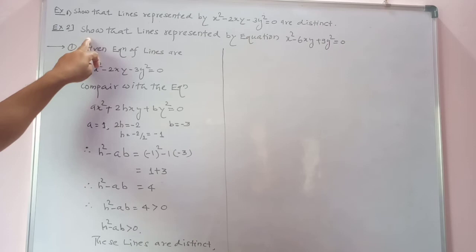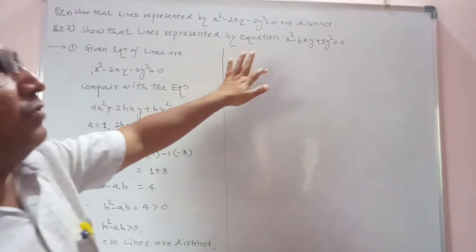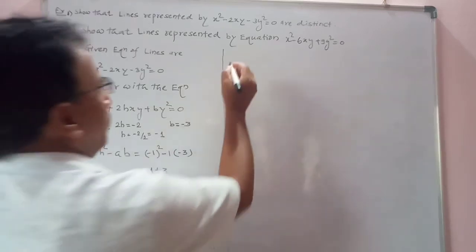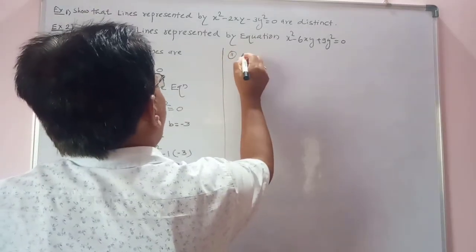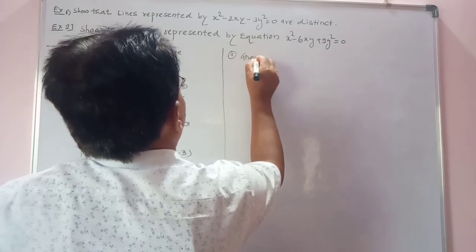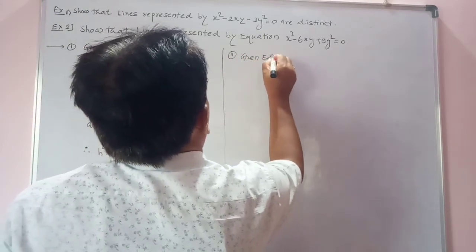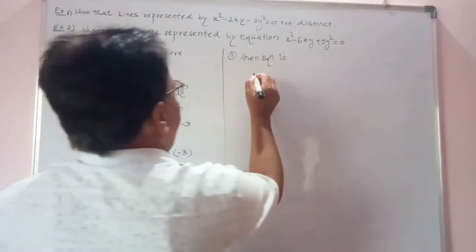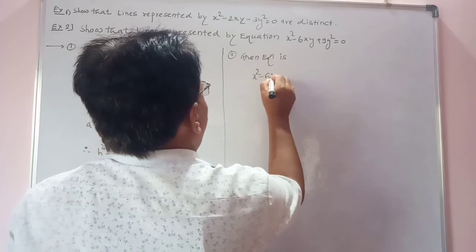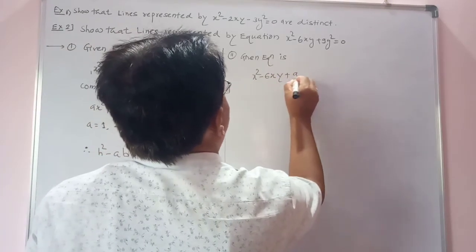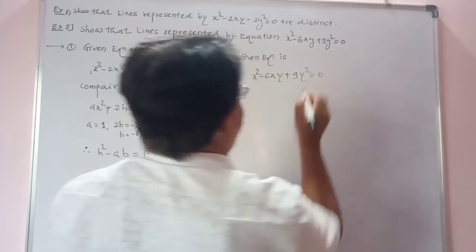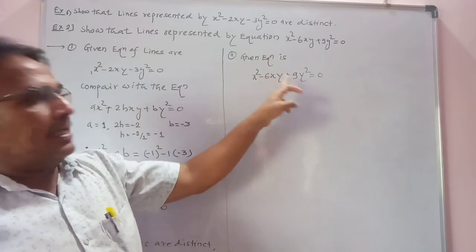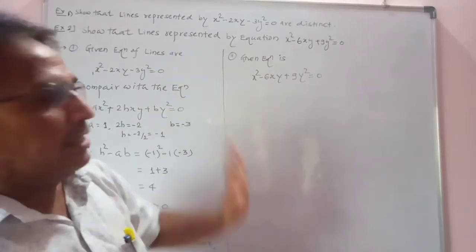Second example: show that the line represented by equation x square minus 6xy plus 9y square equal to 0 is parallel or coincident. Solution: given equation is x square minus 6xy plus 9y square equal to 0.